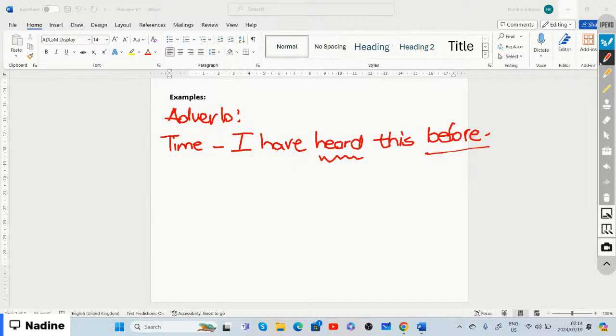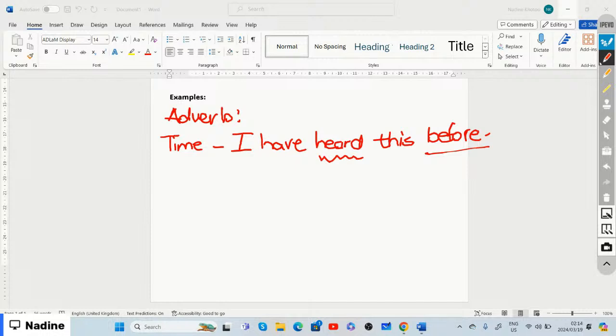So this is basically adverb of time. And we said adverbs of time can be words such as before, ago, never, yesterday, soon, lately or later.